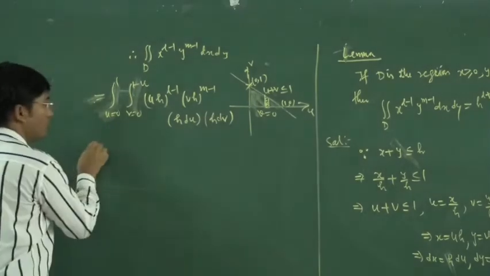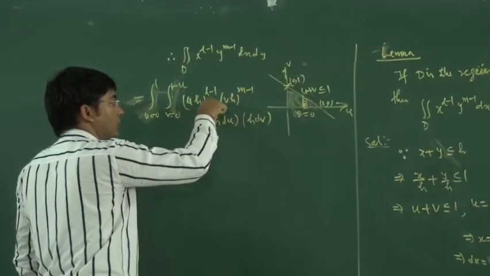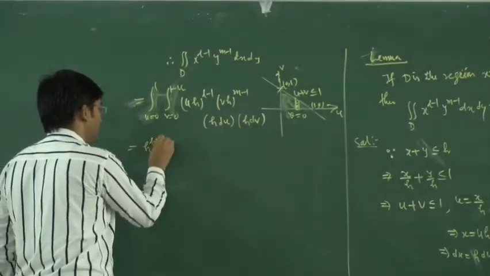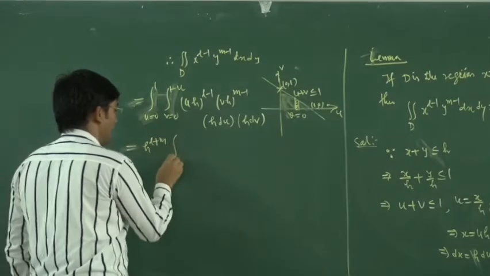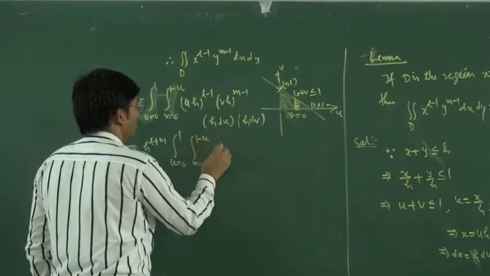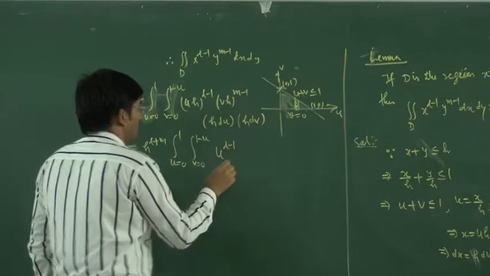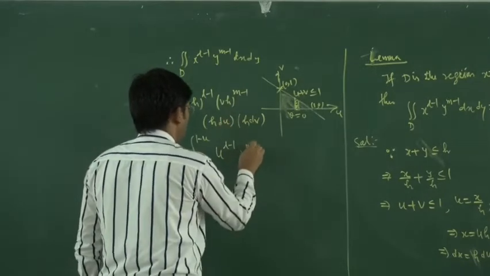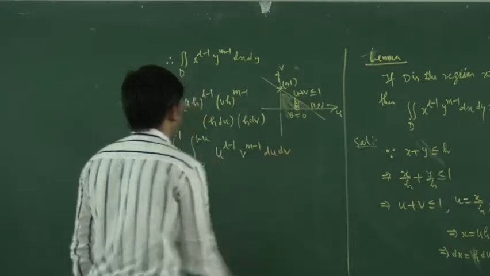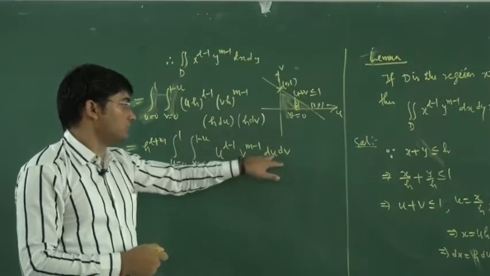So this is equal to h power l minus 1 and h power m minus 1, that means h power l plus m minus 2, and here we have h square. So this will be h power l plus m, and then we have the integral u equal to 0 to 1, v equal to 0 to 1 minus u, of u power l minus 1 and v power m minus 1 into du into dv.